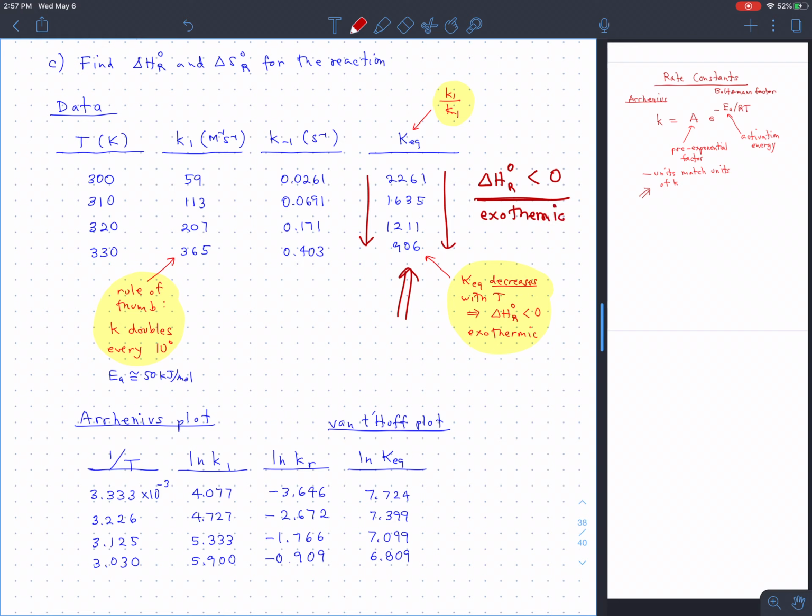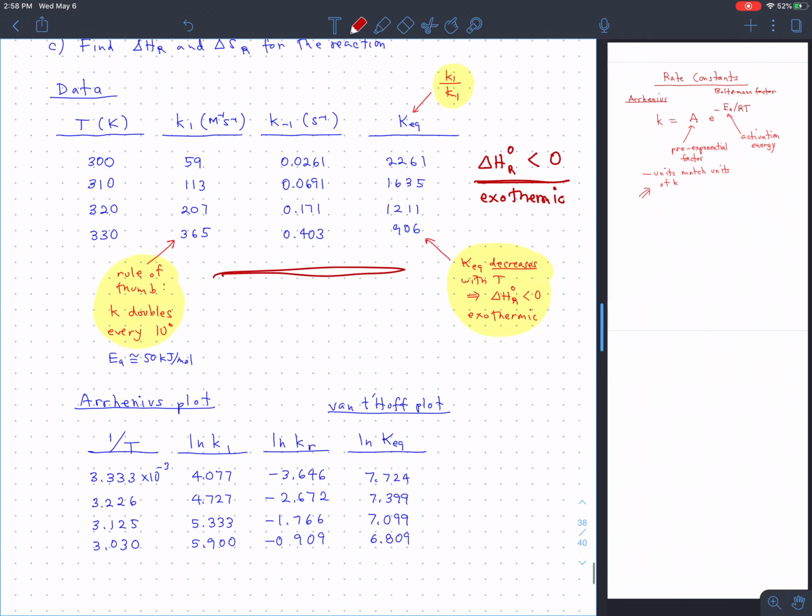So we already know that, and knowing that this is already kind of doubling, we already know that this energy of activation must be in the neighborhood of 50 kilojoules per mole as well. So we actually have a pretty good load of qualitative information just by examining the qualitative features of the data here, and that's a useful thing to be able to do.